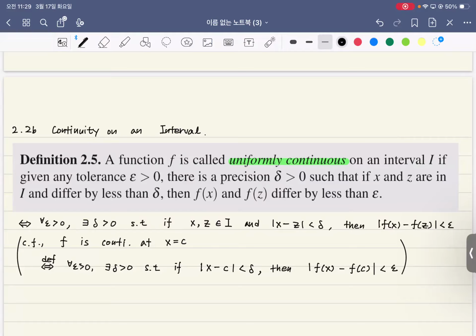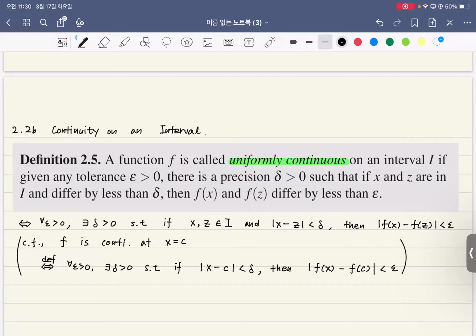But in this case, we are talking not about the delta neighborhood of some very special fixed point, but about just any pair of points in I. As long as they are close to each other by less than delta, this inequality must be satisfied, right?